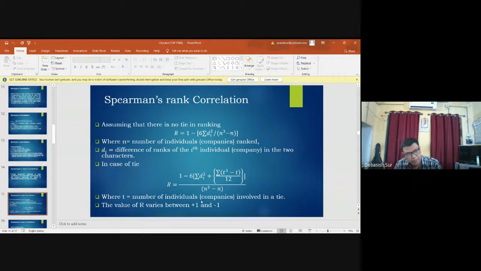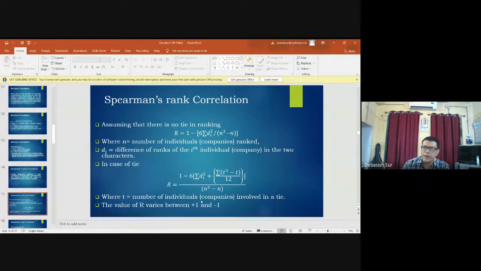If two students, two companies or two objects occupy the same rank, then the tie arises. For example, if two students got 90 each, obviously it is a case of tie. If a tie arises, we have to apply the second formula, and if there is no tie in ranking, we apply the first formula.